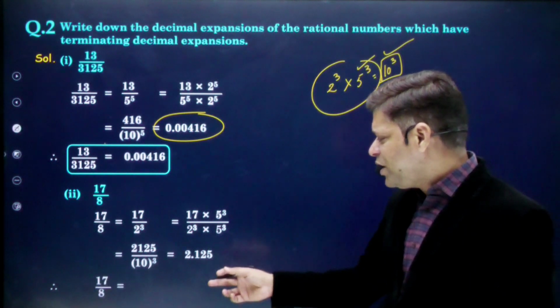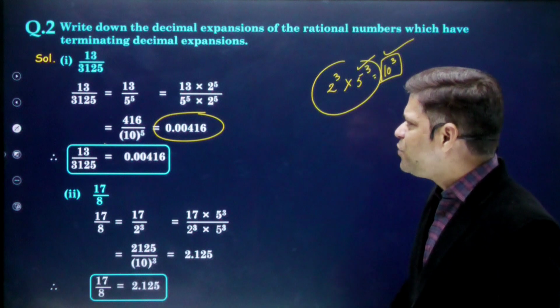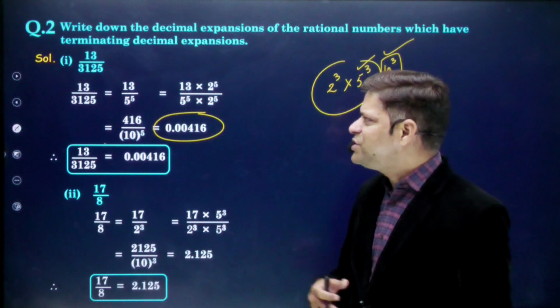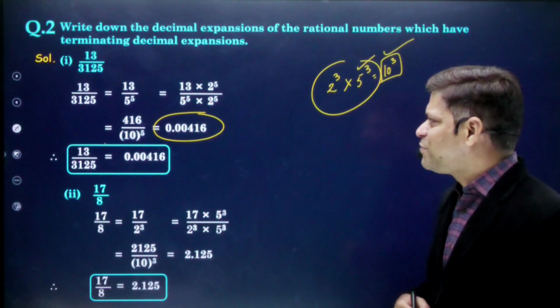So 17 over 8 will be equal to 2.125. I think you understand how we are changing a p by q form into the terminating decimal expansion.